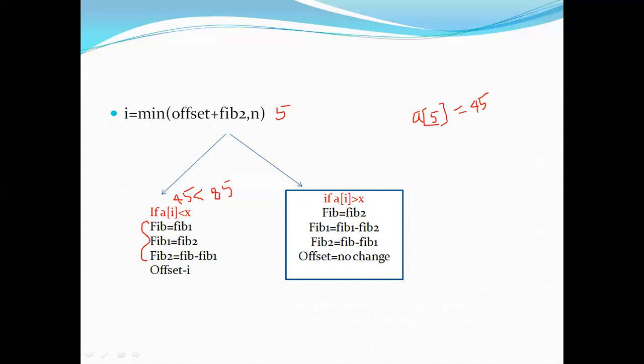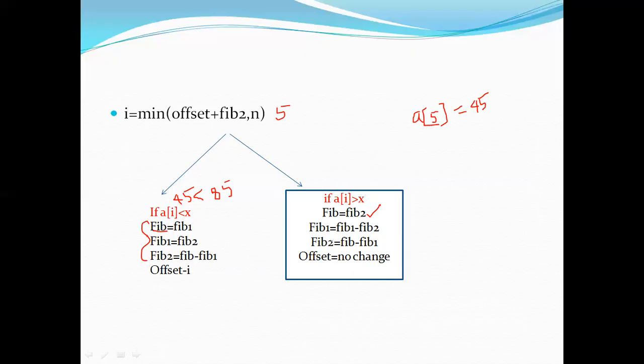So if it is less than X, what we need to do? First step is fib is equal to fib1. Otherwise, if A of I is greater than X, then here we need to take fib2. That is the difference. Here we need to take the fib1, here we need to take the fib2. And the third step, both are the same: fib2 is equal to fib minus fib1. Just remember this.